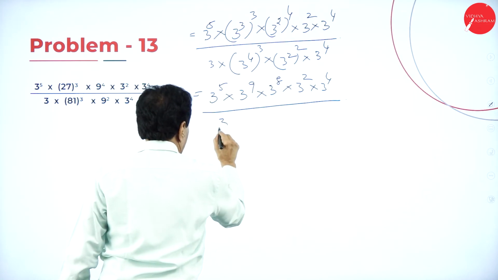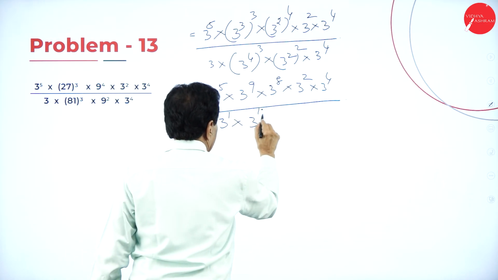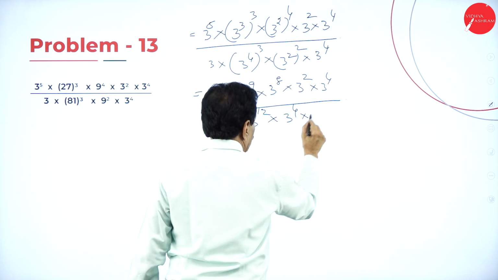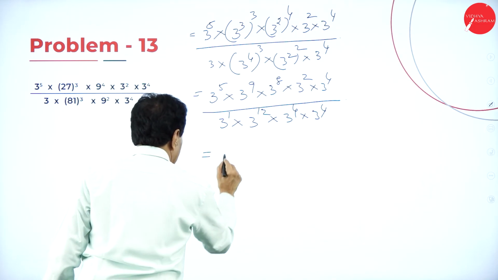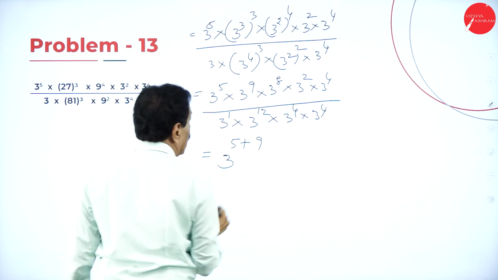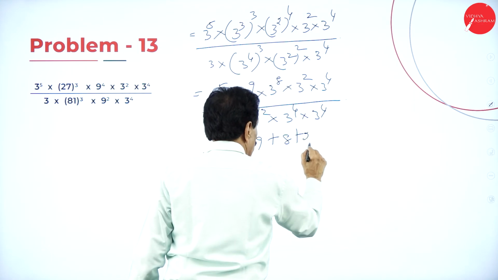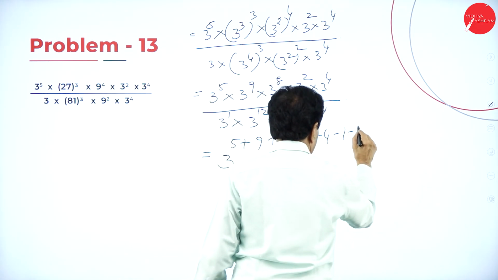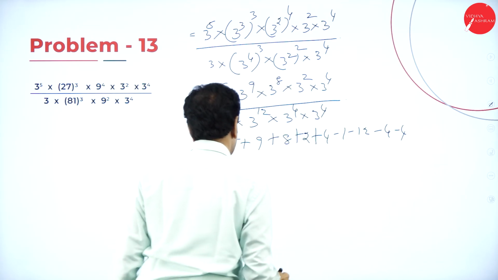This is 3 to the power of 1, 3 to the power of 12, 3 to the power of 4 into 3 to the power of 4. Convert all into base 3. This is 3 to the power of 5 plus 9 plus 8 plus 2 plus 4 minus 1 minus 12 minus 4 minus 4.